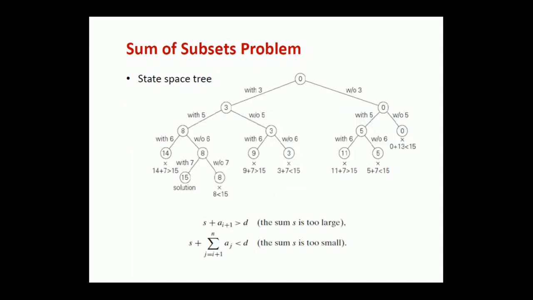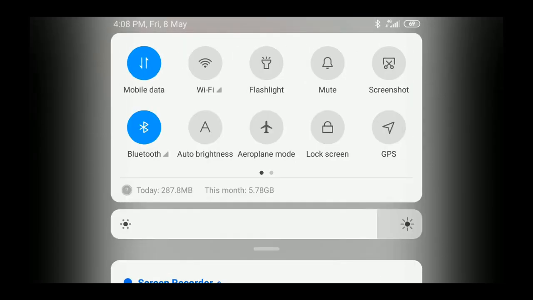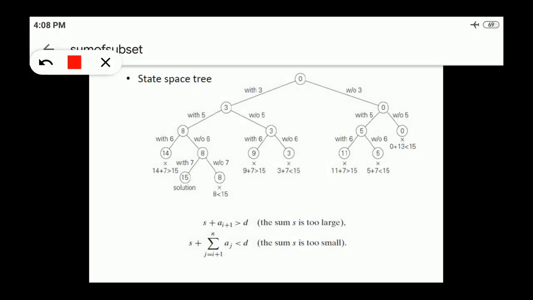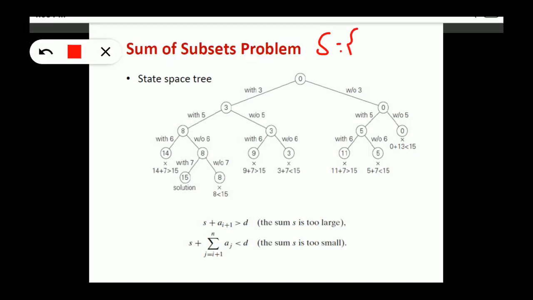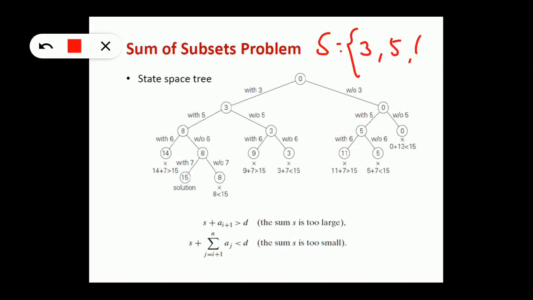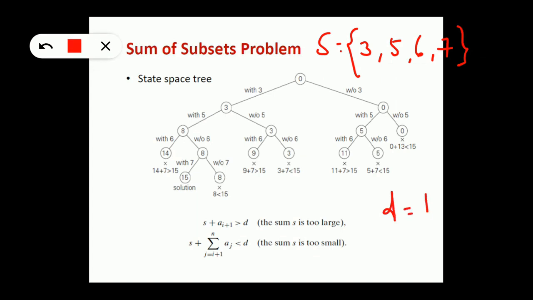So let us try to apply the backtracking algorithm wherein set S has elements 3, 5, 6 and 7, and the sum that we want to get is given by D, which is equal to 15.